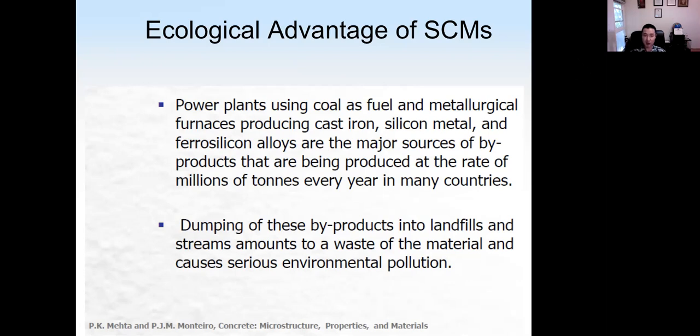Second, they can also cause serious environmental pollution, so the recycling cost for these materials will be very high. If we can use these materials to replace Portland cement, we have a much better environmental impact, and we can also cut down the cost of concrete.